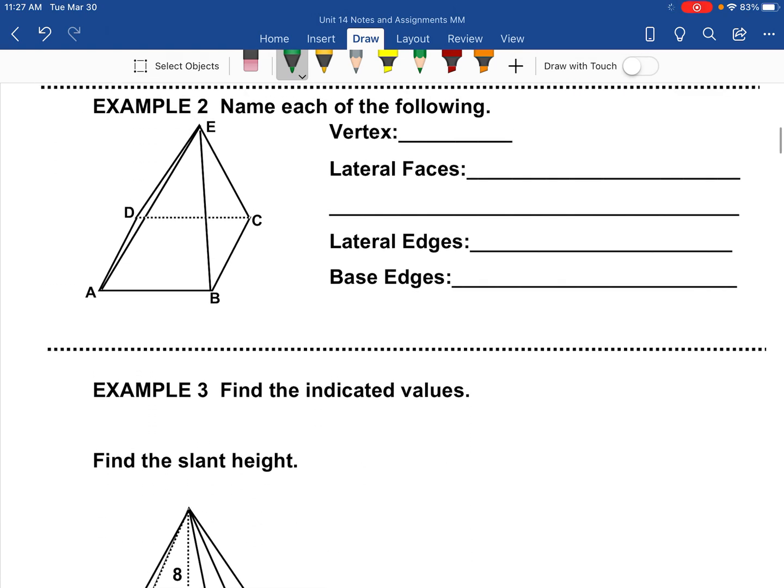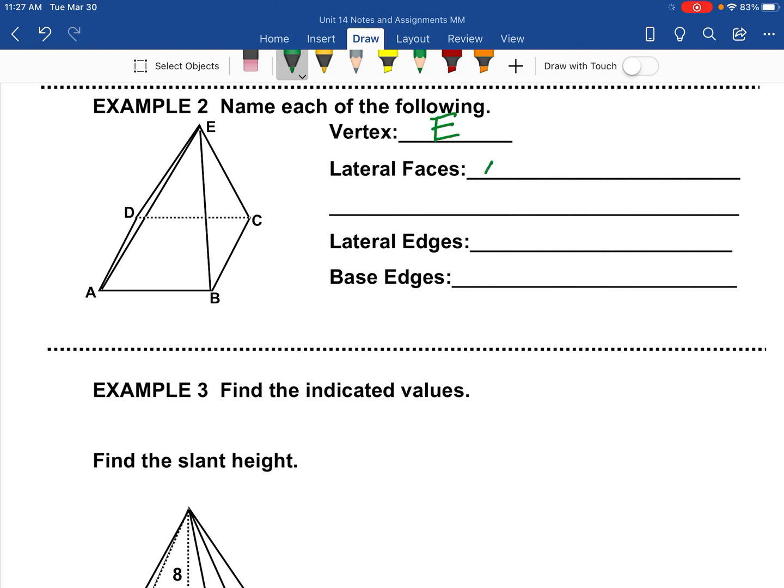It says name each of the following. First, name the vertex. The vertex is a point. Point E is the vertex. Then it says name the lateral faces. Well, the lateral faces are triangles.